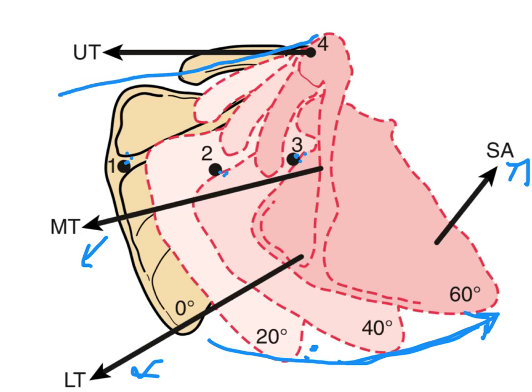So once the posterior rotation of the scapula is taking place, there is no movement or elevation of the acromion, and elevation of the clavicle over the acromion will not take place.